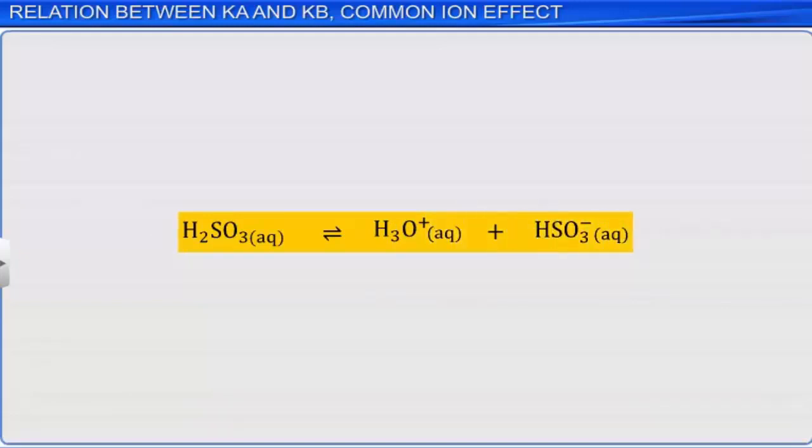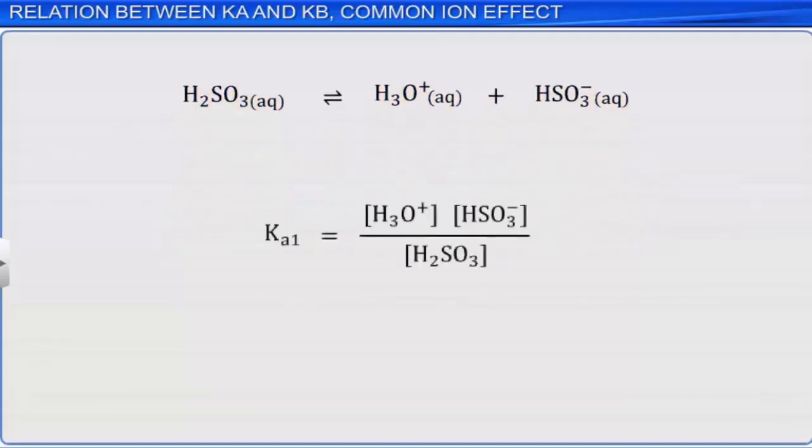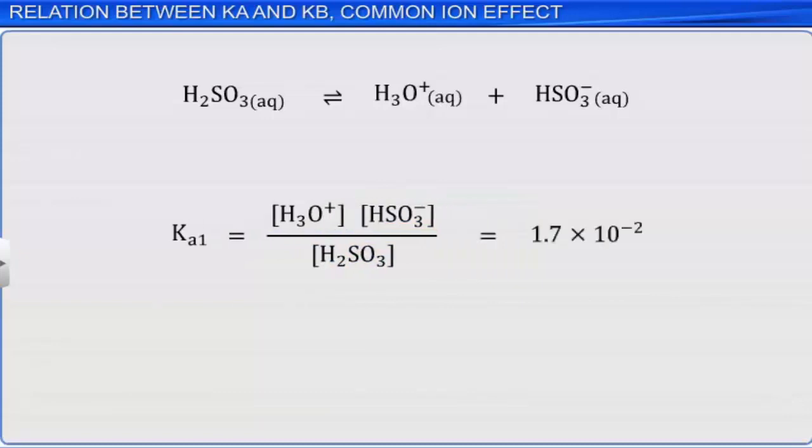The first acid dissociation constant, represented by Ka1, is equal to the product of concentration of H3O+ and HSO3- divided by concentration of H2SO3. Experimentally, its value is found to be 1.7 × 10^-2.